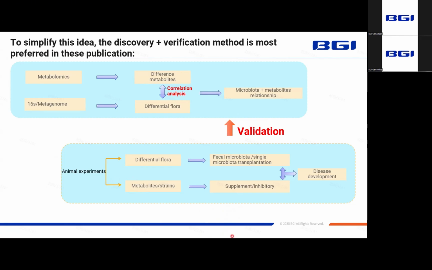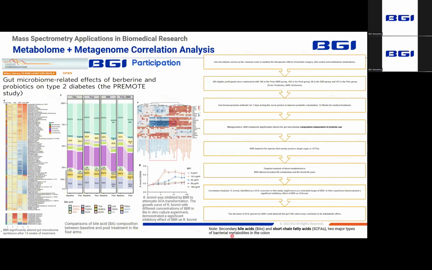in the disease development. An example of this is a research on type 2 diabetes. The medicine berberine and probiotics have inhibitory or subtle influence on specific types of flora, and they found some short-chain fatty acids in blood also changing together with the flora composition, which showed how microbial metabolites, especially secondary bile acids and short-chain fatty acids, influence host physiology and disease.